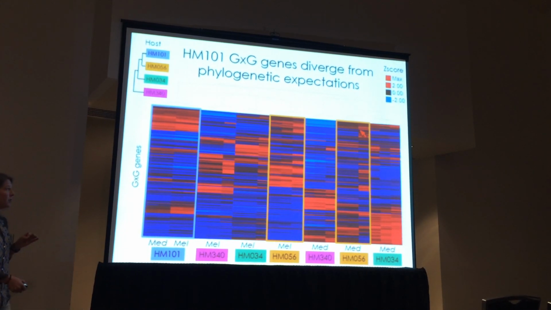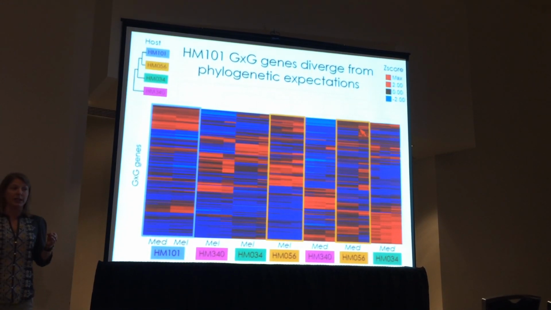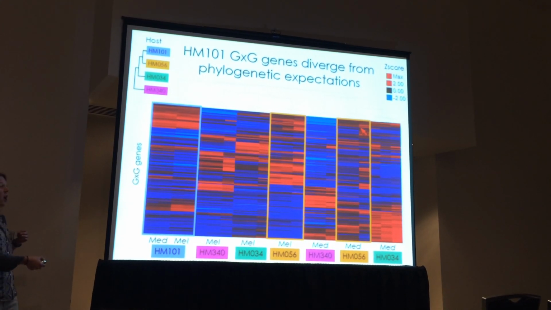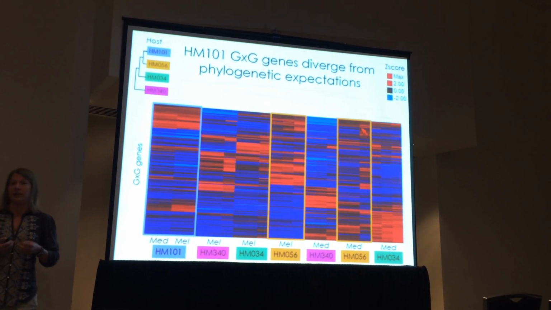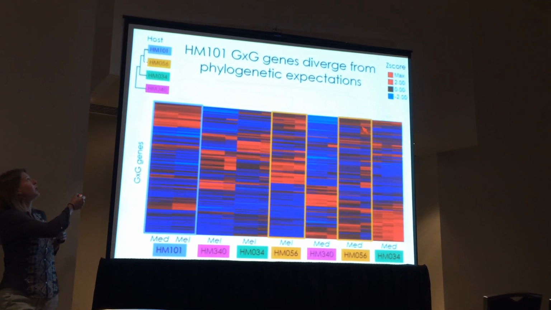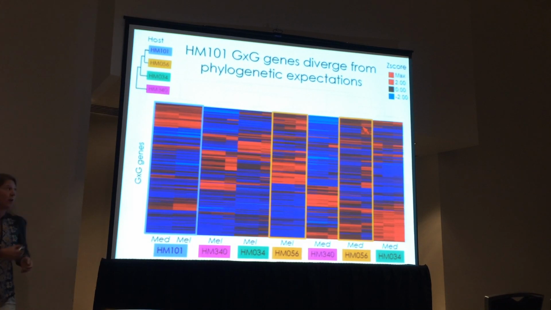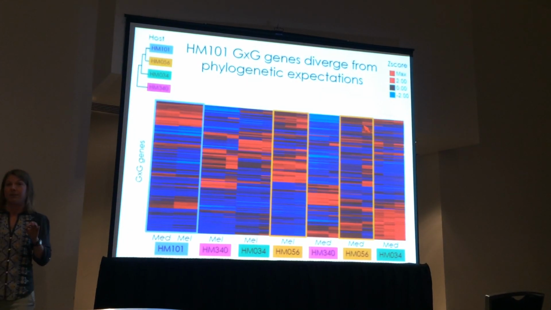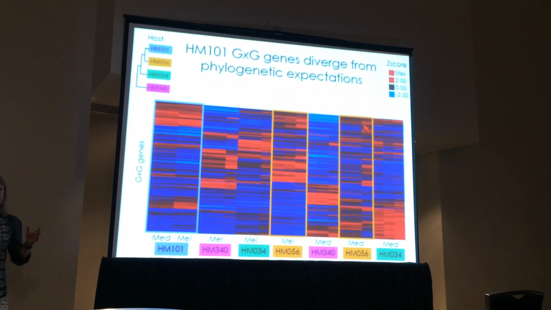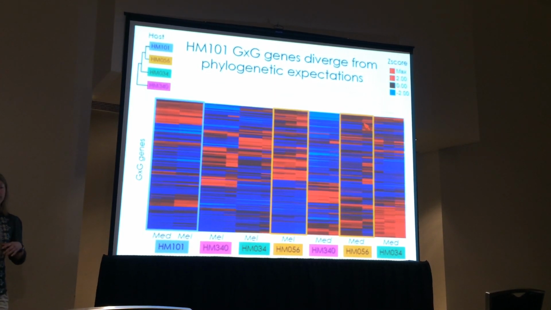And the first thing I want you to note is that the reference genotype, so this is actually clustering together and away from the phylogenetic expectation we would have of having similar expression to its most closely related relative. Okay, so HM101, the reference genotype for the species, is doing something totally different in these genes. And that's in contrast to the overall nodule genes that we saw.